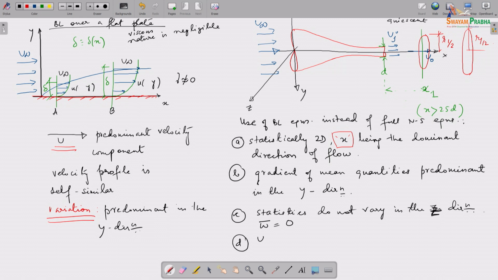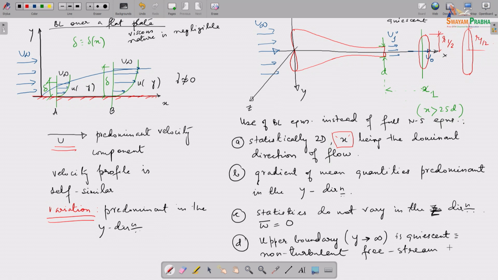Upper boundary, well, we say it's tending to infinity, is quiescent, which essentially means non-turbulent free stream. Okay. All right.